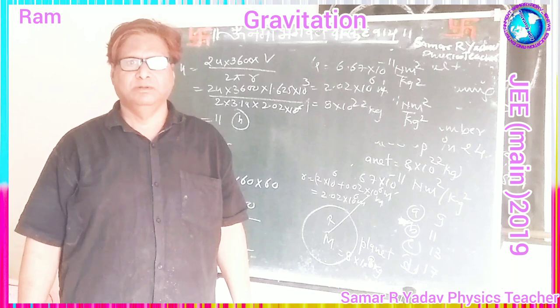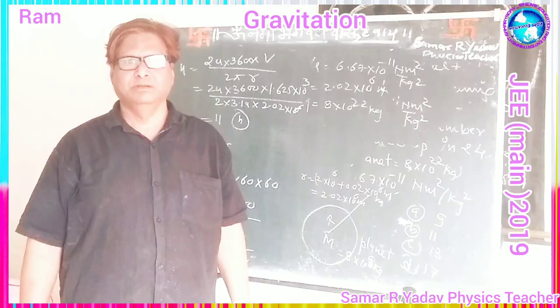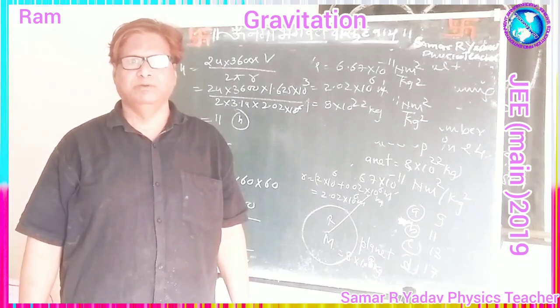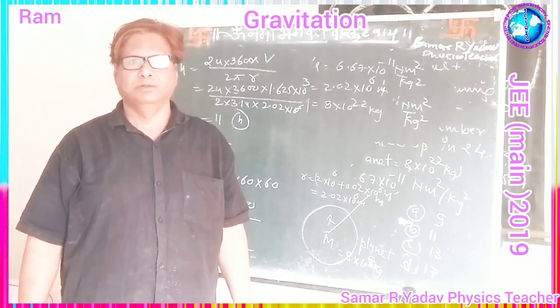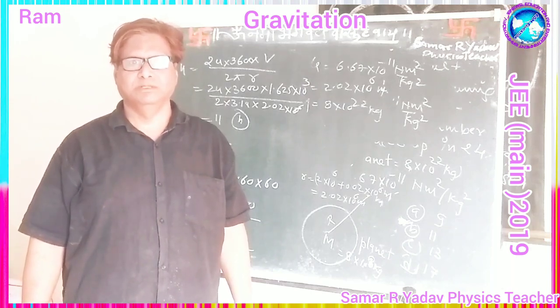Therefore n is equal to 24 into 3600 upon capital T, and keeping the value of T as 2 pi r upon v, we get n is equal to 24 into 3600 into v upon 2 pi r. Keeping the values of v, r and pi and simplifying, we get n is equal to 11. So the spaceship executes 11 revolutions. This is how to understand this multiple choice question. Thank you very much.